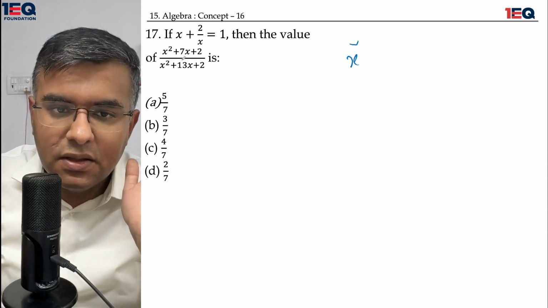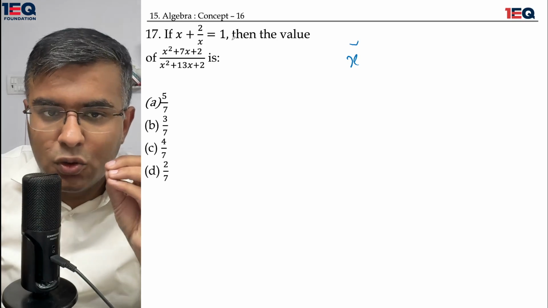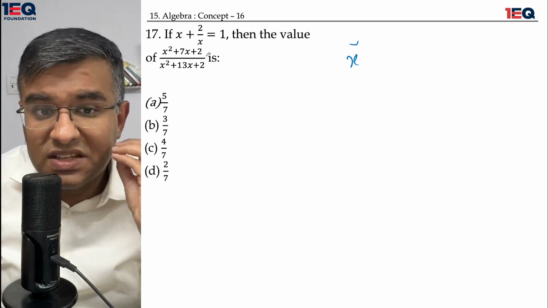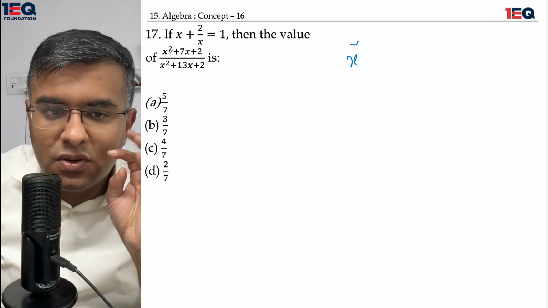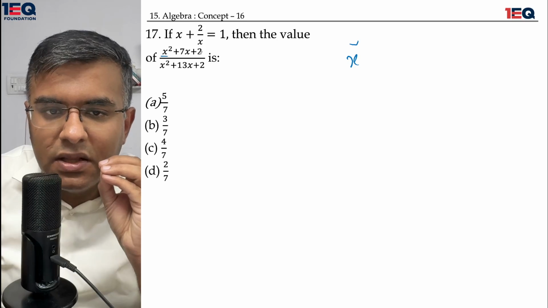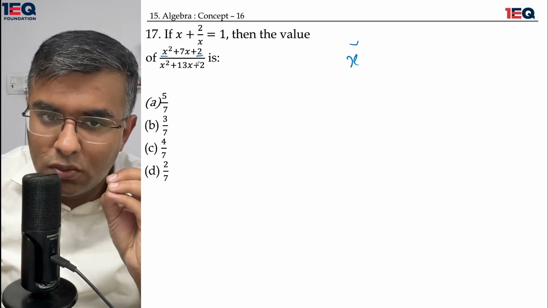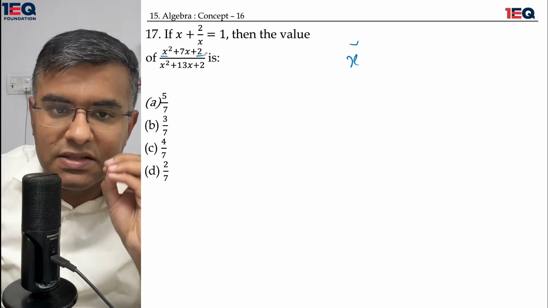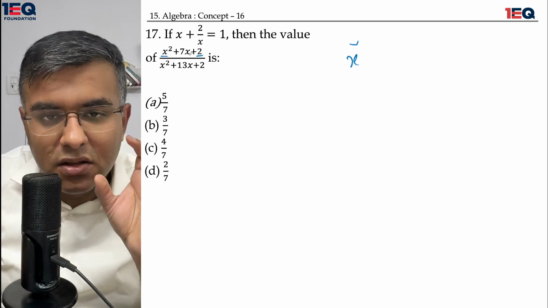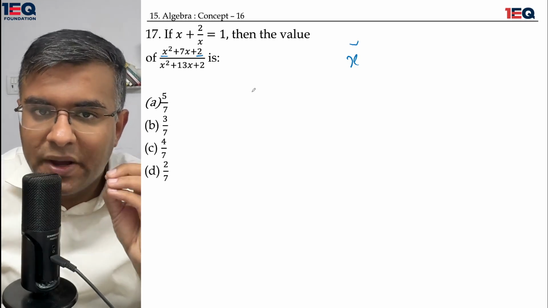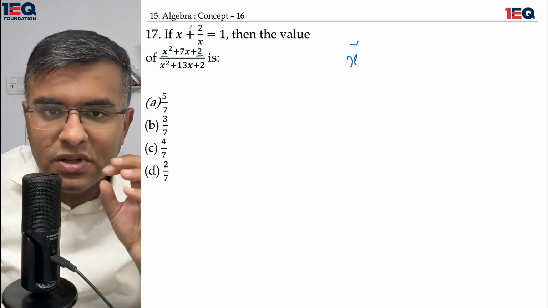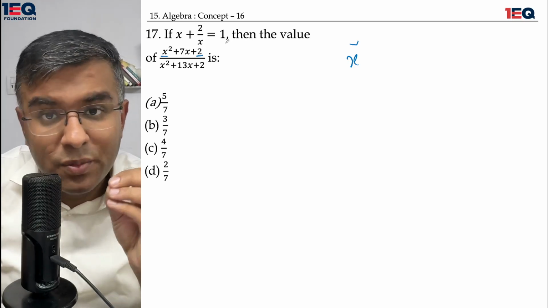When I say that x plus 2 by x is equal to 1, then I have to strive to create x plus 2 by x somewhere in the question. So I can see that there is an x square and I can see that there is a 2. If I divide the numerator and the denominator both by x, then I will be able to achieve the expression which is already given to me as 1.